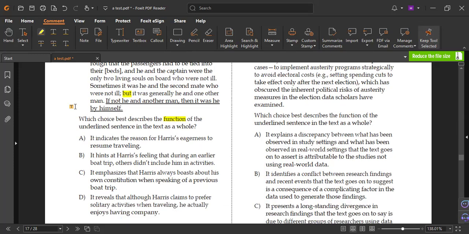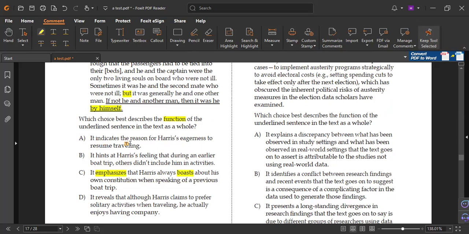Let's see, this emphasizes that Harris always boasts about his own constitution when speaking of a previous boat trip. If not he and another man, so it was he by himself. So here "by himself" is already an intensive pronoun to emphasize an idea.